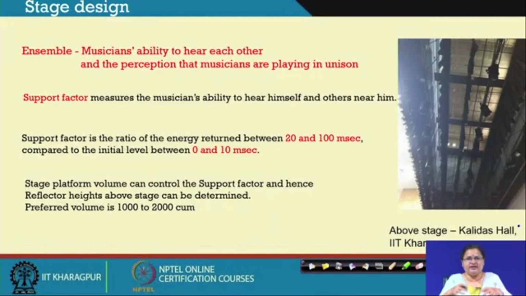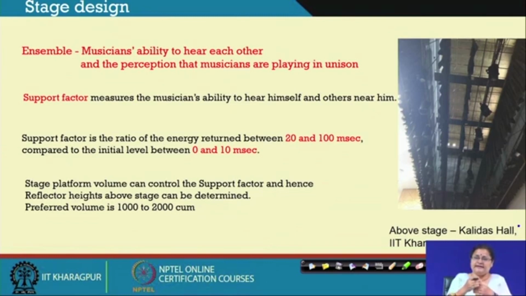That measures the musician's ability to hear himself and others near him, because on stage they are also getting reflected sound from the ceiling and also from the sides. It is the ratio of the energy which is returned between 20 to 100 milliseconds.